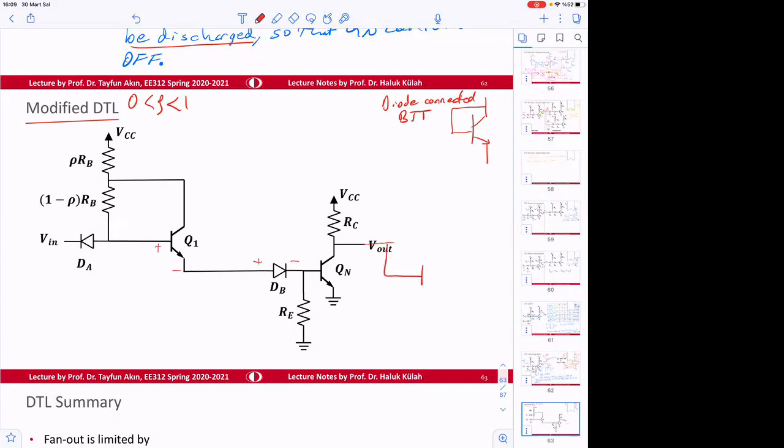Okay, it's coming from the next stage, the current. Okay, let me prevent confusion. Okay, so here there's a resistor, another resistor. So this one, it says here, and then one more diode.